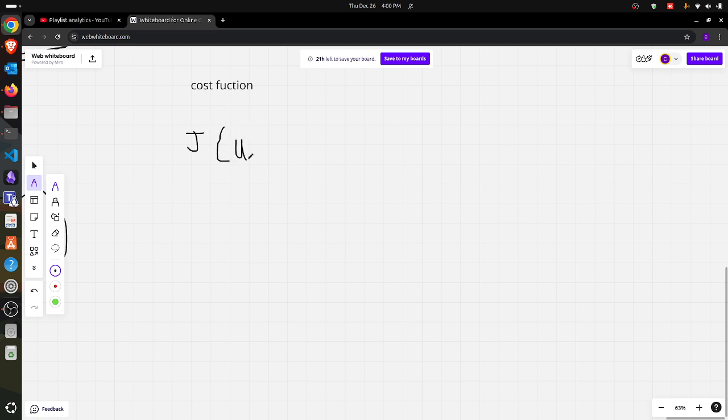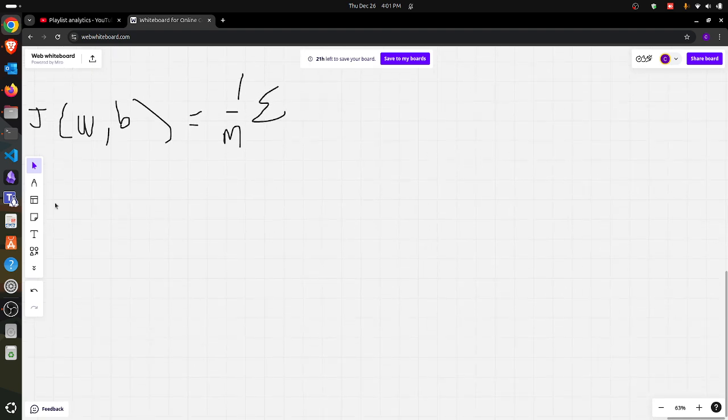We represent the cost function as J of w and b, which equals 1 over m times the summation from i equals 1 to m of the loss function L of y hat i comma y i.